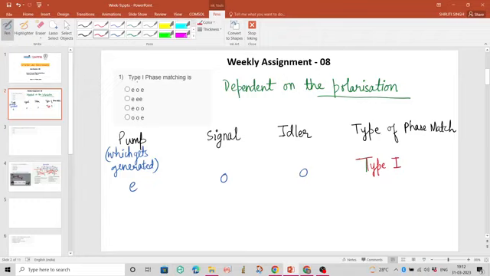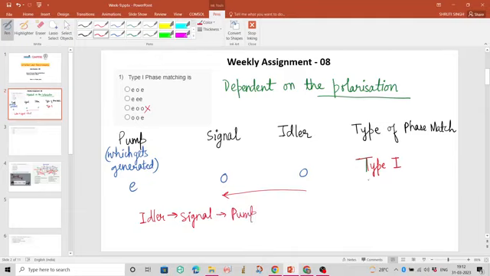So our question says type 1 phase matching is EOO. So you will think it is this one because it says EOO, but no, this will be the wrong answer, because the type is read from this side. Idler is read first, then signal, and then the pump.